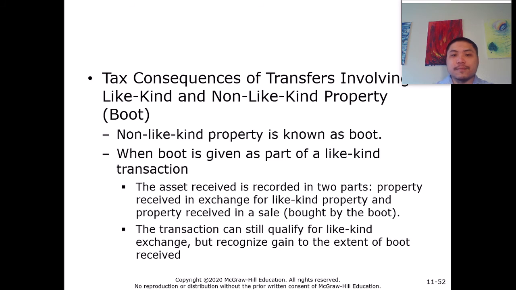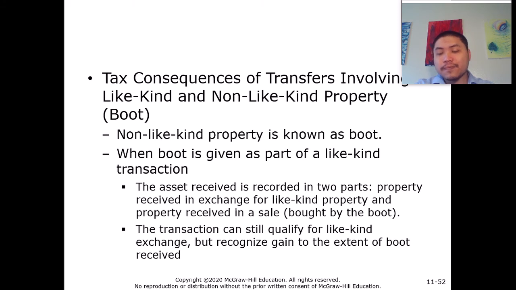And the like-kind portion of the exchange is still nontaxable. The gain on the like-kind portion of the exchange is still deferred. For the portion of non-like-kind property, the gain has to be recognized.